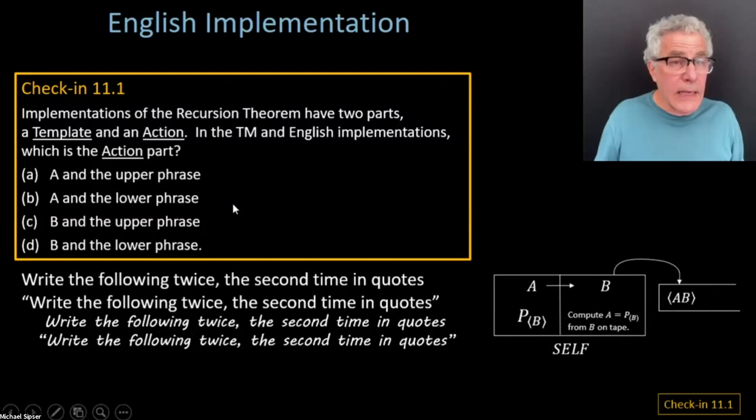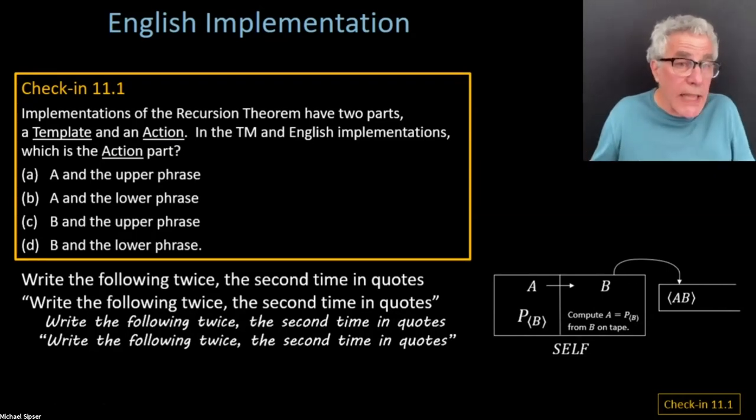Then I'm going to ask you to pick, in the Turing machine, which is the action and which is the template, and in the sentence, which is the action and which is the template. The action is the part where there's some interesting instructional stuff happening that you have to carry out. The template is really basically just text, or just code, just a string.